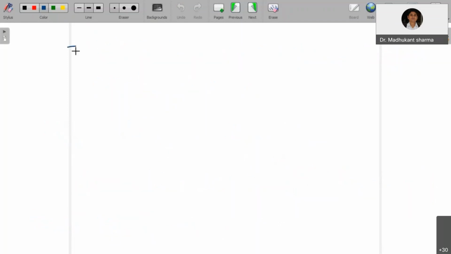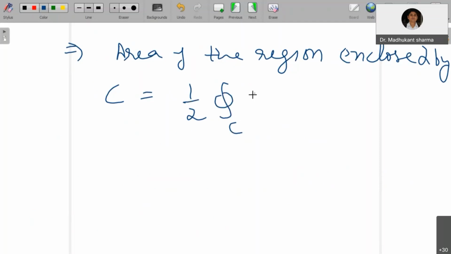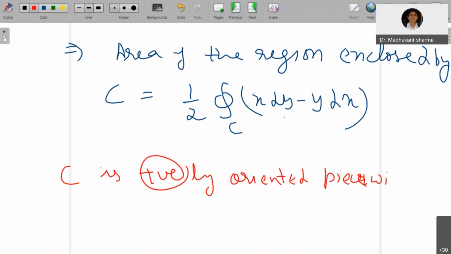Therefore, this implies the area of the region enclosed by C is equal to 1 by 2 integral over C of x dy minus y dx, where C is positively oriented, piecewise smooth, and a simple closed curve.